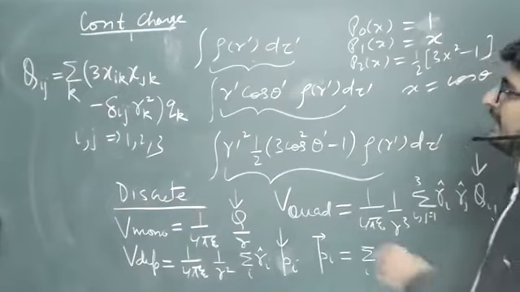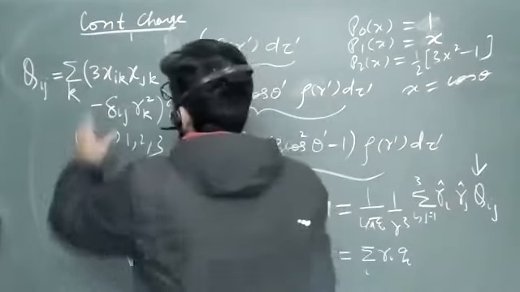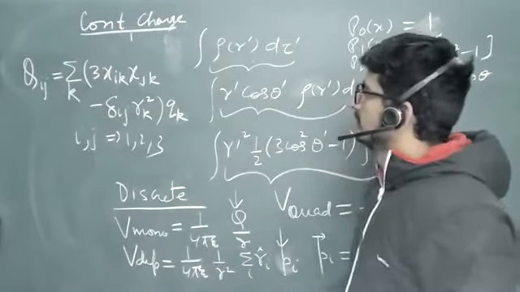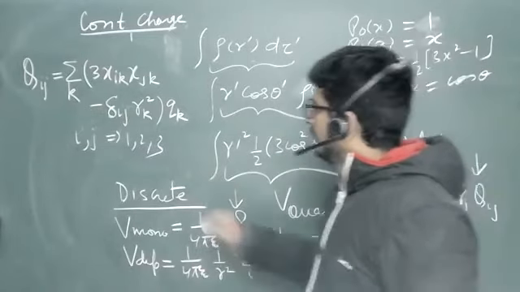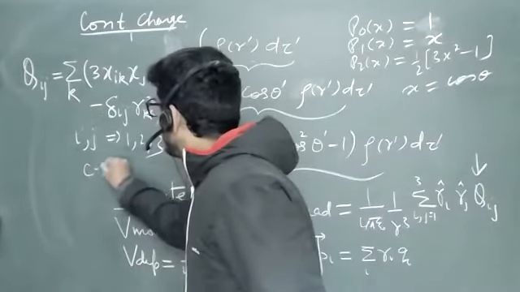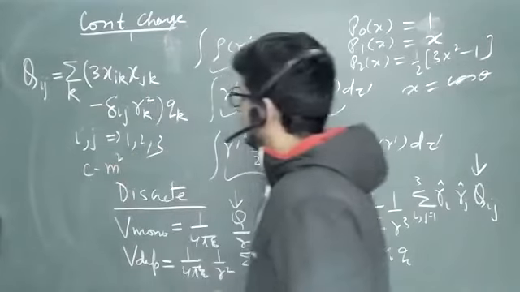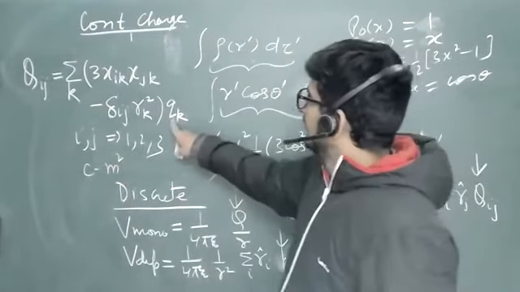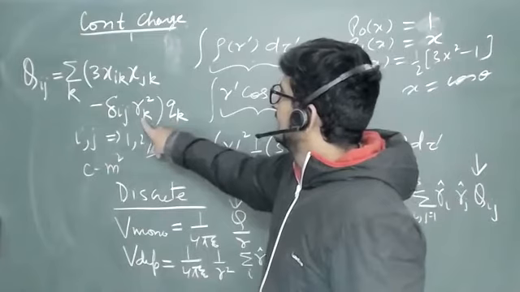So what will be the dimension of quadrupole moment q? Coulomb, so qk rk square, meter square. Because you see, this is coulomb and this is meter squared.